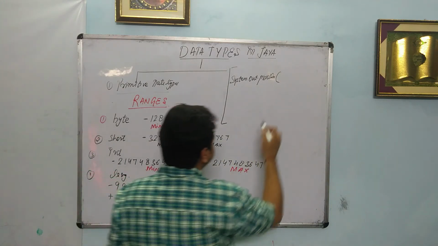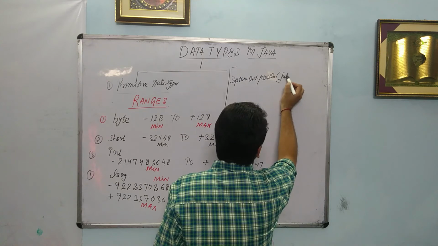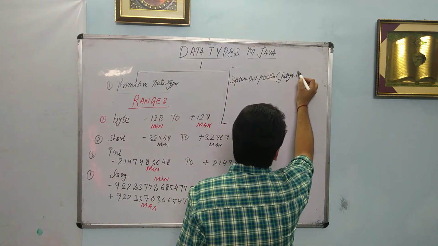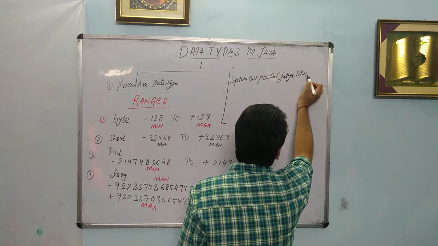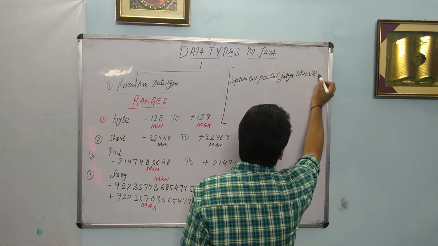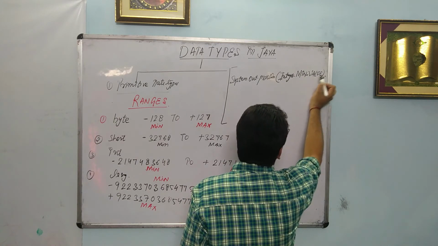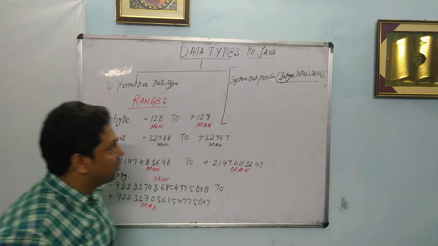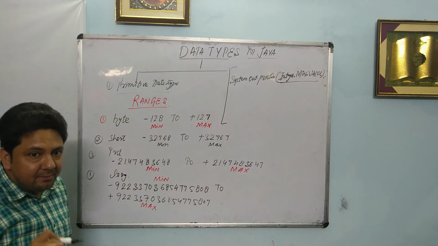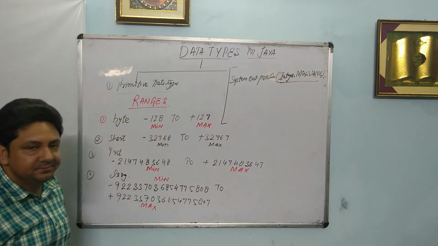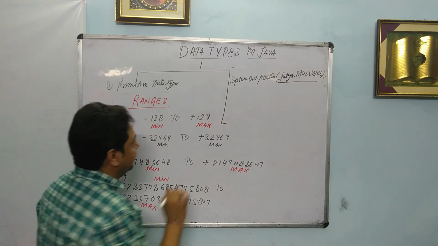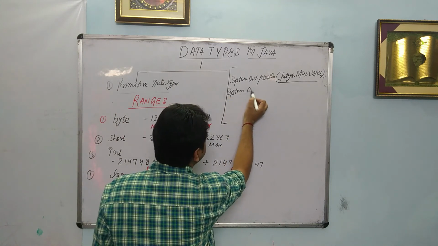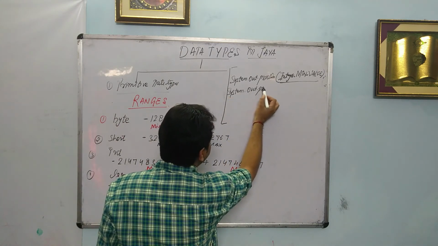Inside I am writing Integer.MIN_VALUE. This statement will provide the minimum value of the integer. Similarly, we can find out the maximum value.